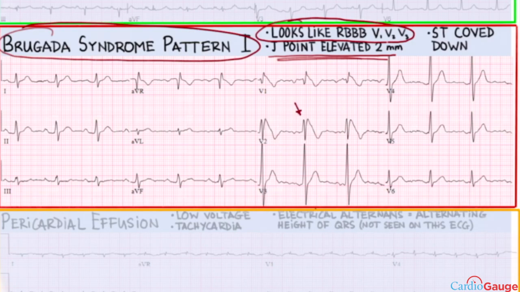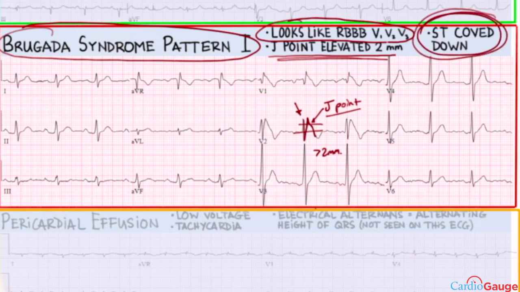So in this complex, here's the QRS. It probably ends somewhere around here, and the ST segment begins. So the J point is there. And in this example, it's clearly elevated more than 2 millimeters. And then also the ST segment is coved down.